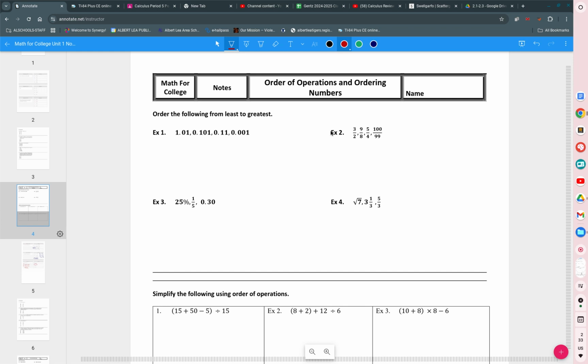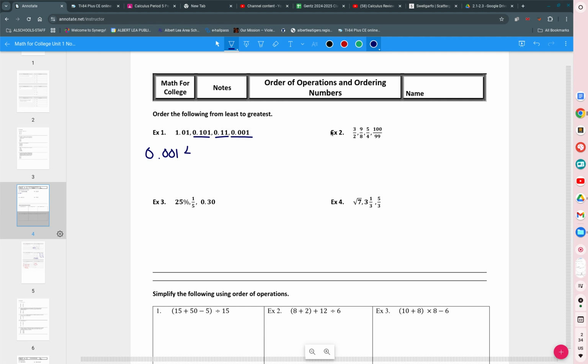Okay, ordering from least to greatest. As we look at these decimals, you can see that we have a 1 in the ones place, but after that we have zeros the rest of the way through. We're going to grab that number as the smallest, so 0.001. And we're going to say that that is less than the next number. Notice that we're comparing 0.101 and 0.11. The first number does not have anything in the tenths, or in the hundredth spot.